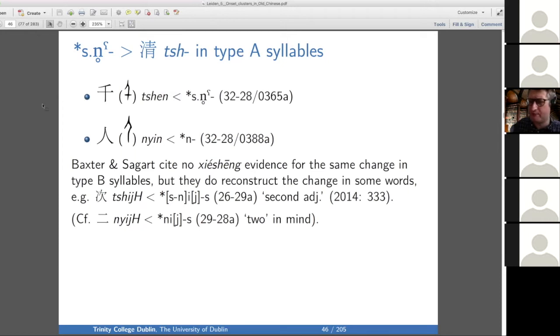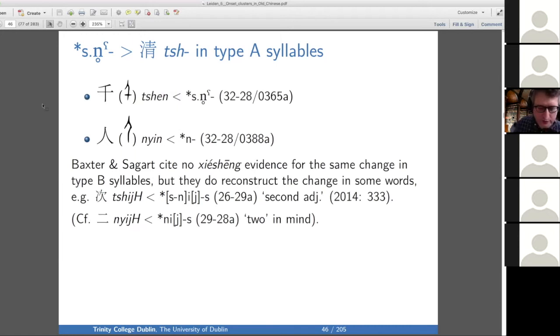So the second one means person, and the first one means 1,000. I think if I'm wrong about that, someone tell me. So they were written very similarly, right back to oracle bone inscriptions. So they think, well, they must have been similar then, right?